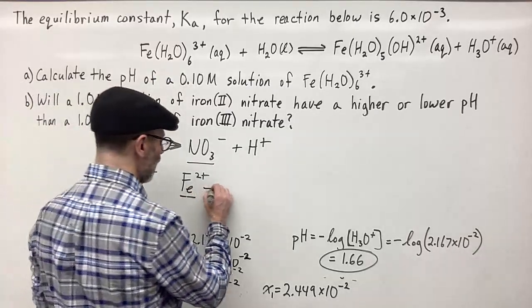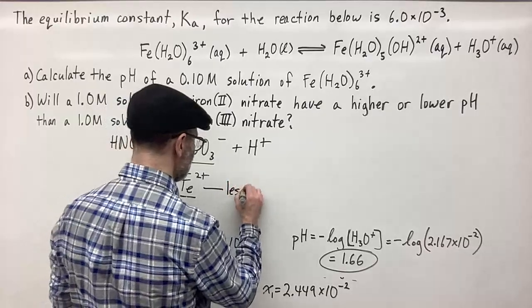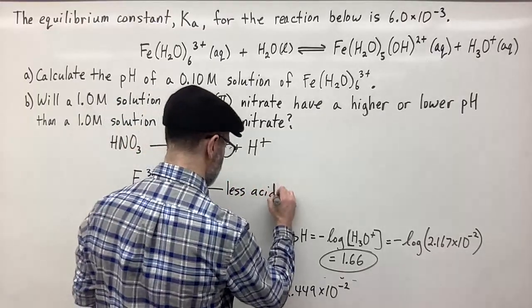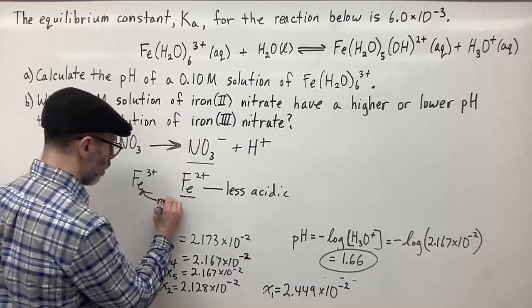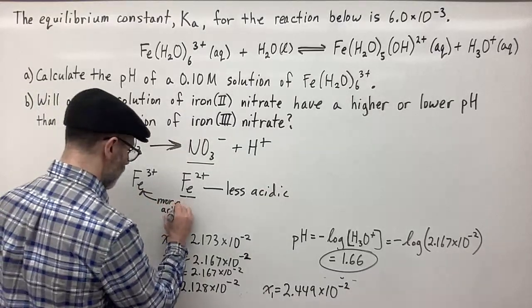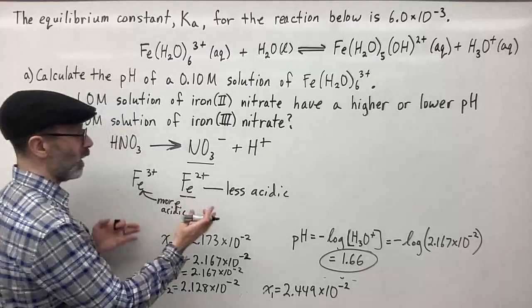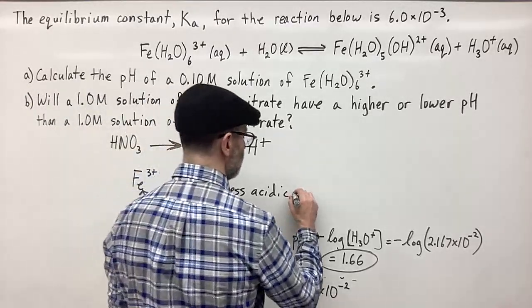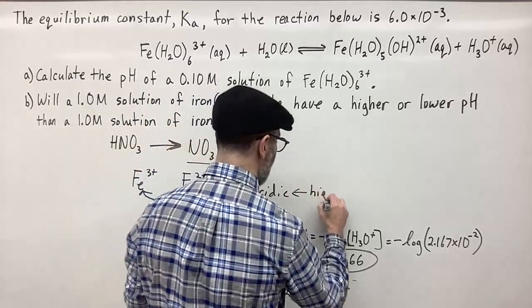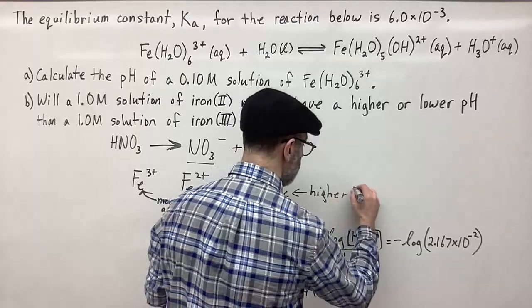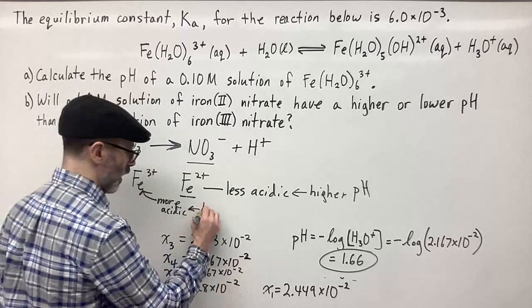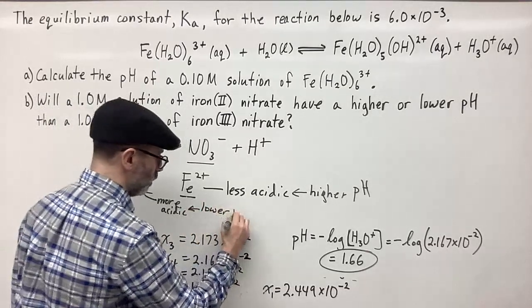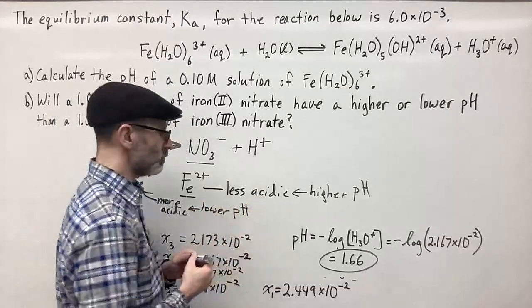So we would say that this is going to be less acidic. This is going to be more acidic. Therefore, since this is less acidic, this is going to have a higher pH. And since this is more acidic, it's going to have a lower pH.